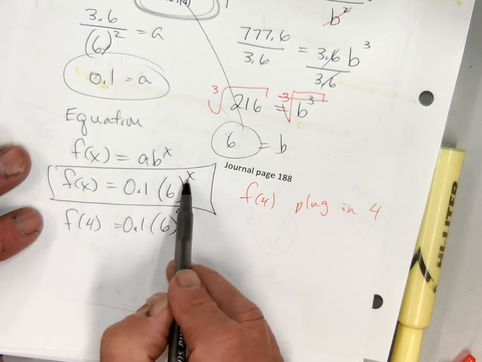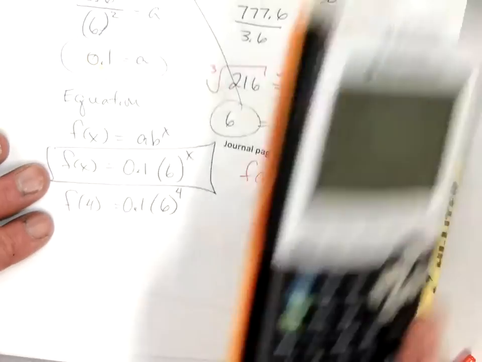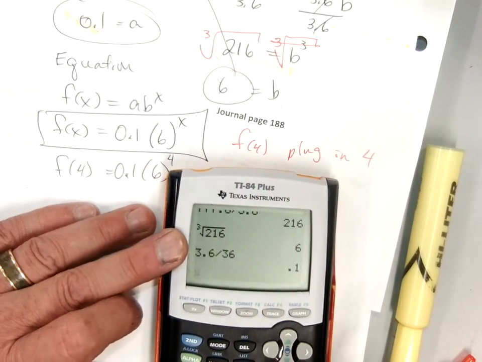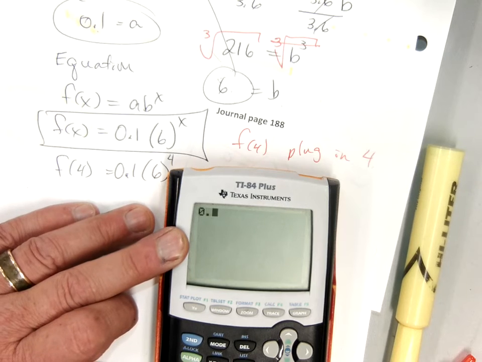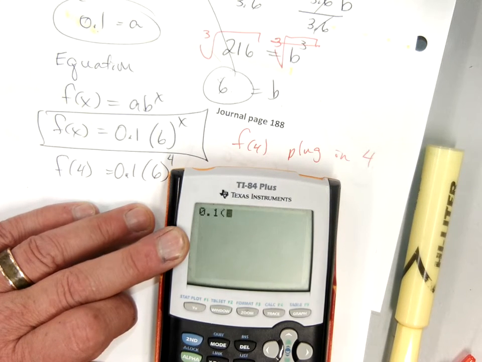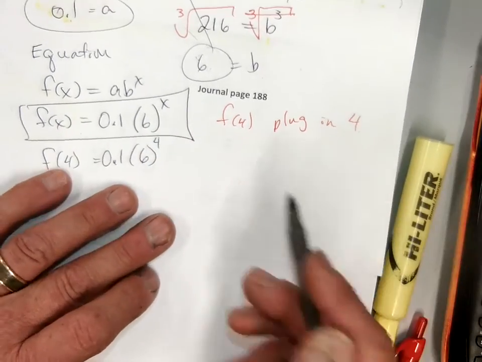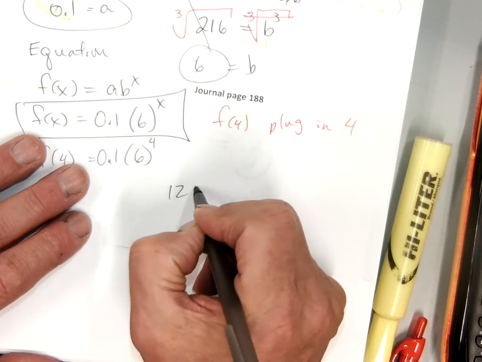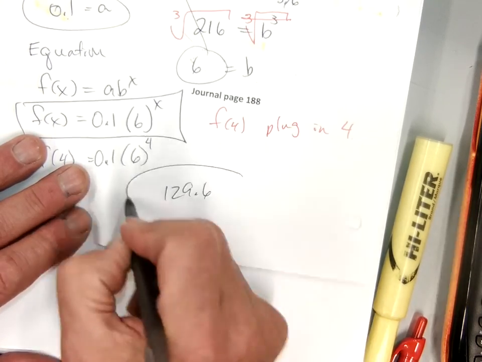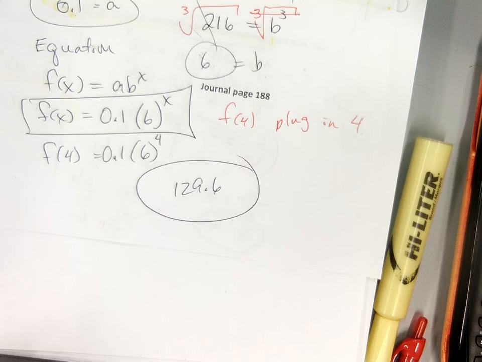So plug 4 in for x, right? I'm going to use my calculator, of course I am. I'm going to go 0.1 times parentheses 6 to the power of 4. I get 129.6.